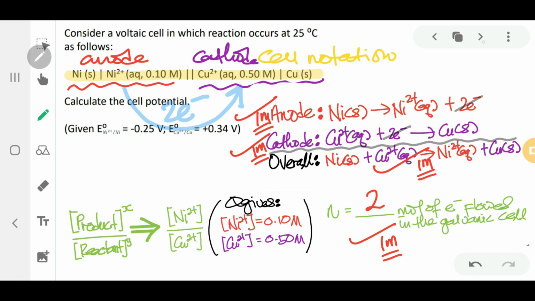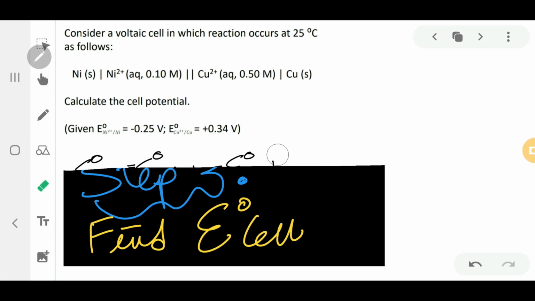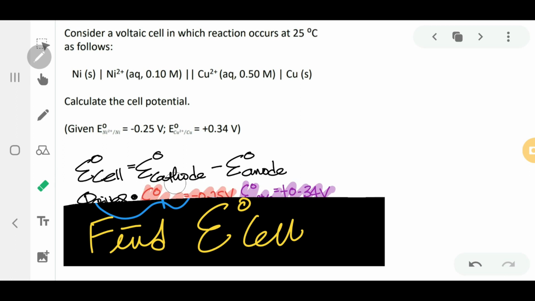Next, step 3, we need to find out the E0 cell value. So you're going to use this equation, E0 cell equals E0 cathode minus E0 anode.